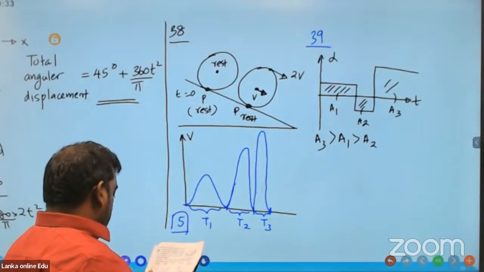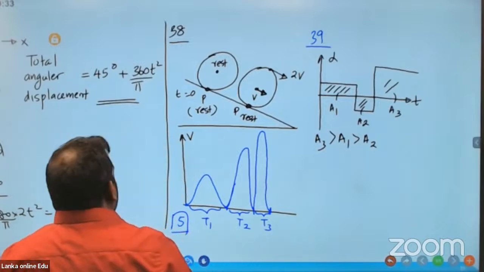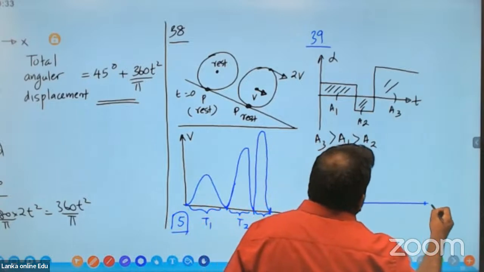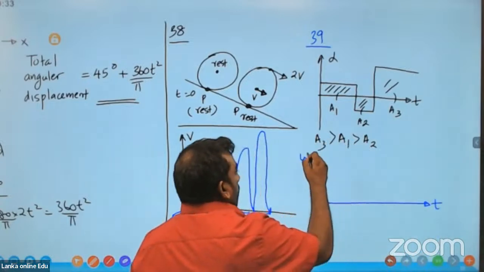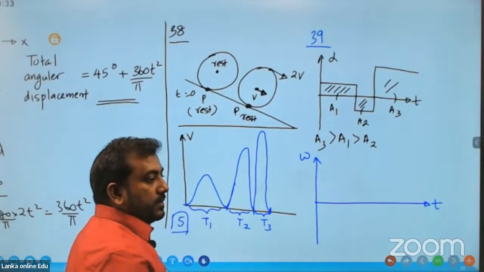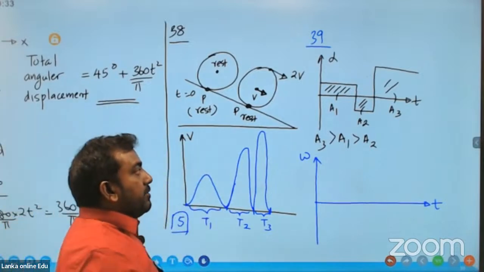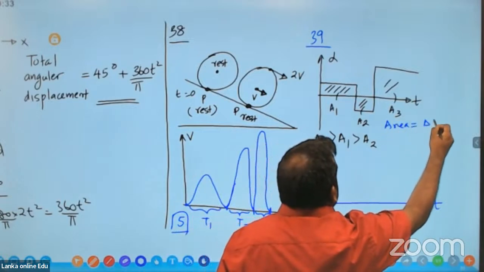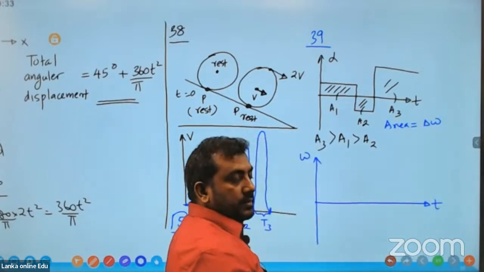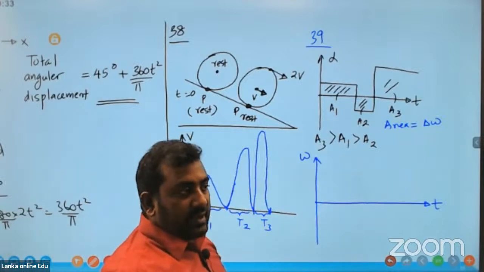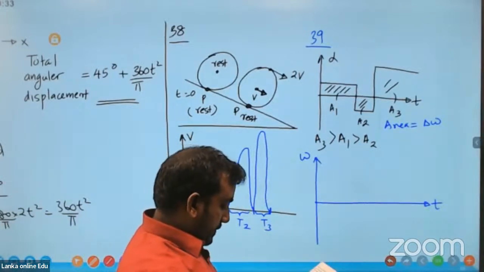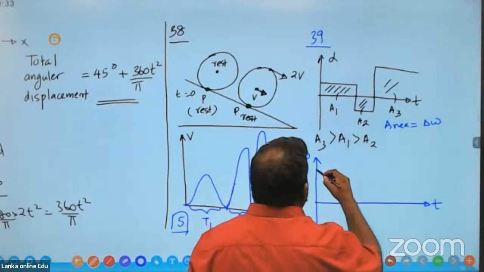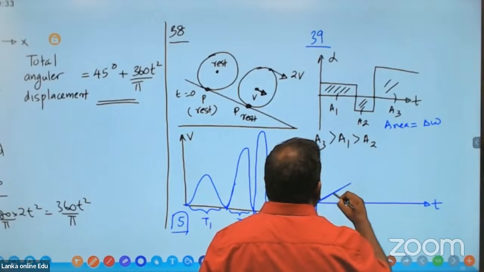So if I plot the angular velocity with time graph, all are constant accelerations. Remember, area gives you delta omega, change in angular velocity. But the initial angular velocity is given as 0. Carefully work. Constant angular acceleration starting from 0 gives increasing angular velocity.